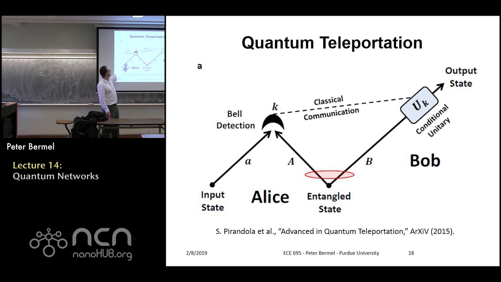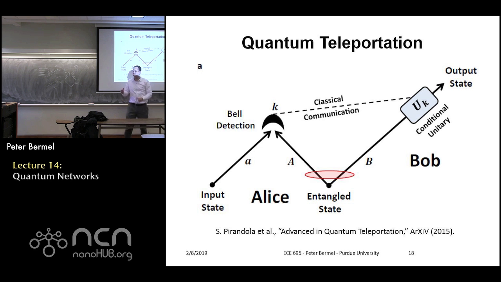The way you do that is first you perform a Bell inequality measurement between the input state and the entangled state. And then you also communicate the results of this Bell detection through a classical channel to Bob. And then this allows you to output a state at Bob's node.